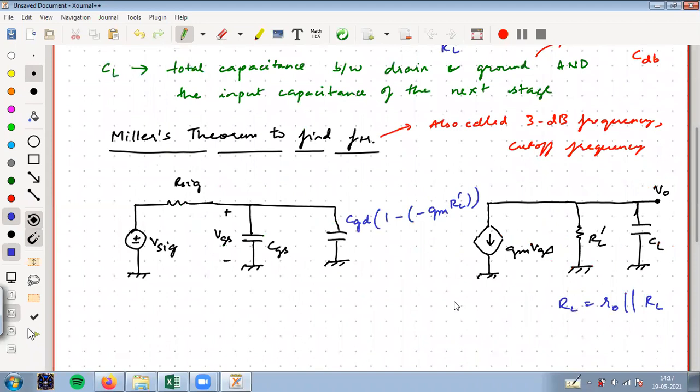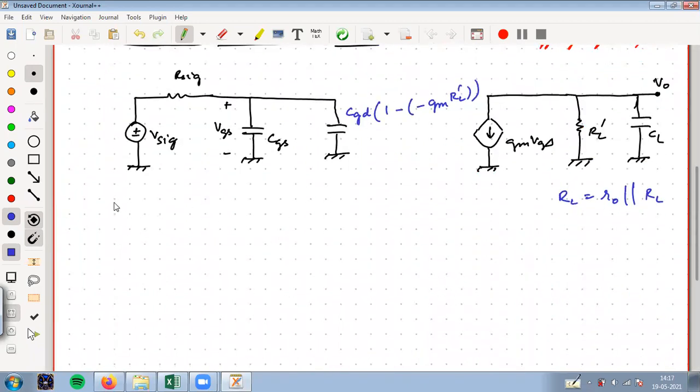So gain AV here is minus gm into RL prime.